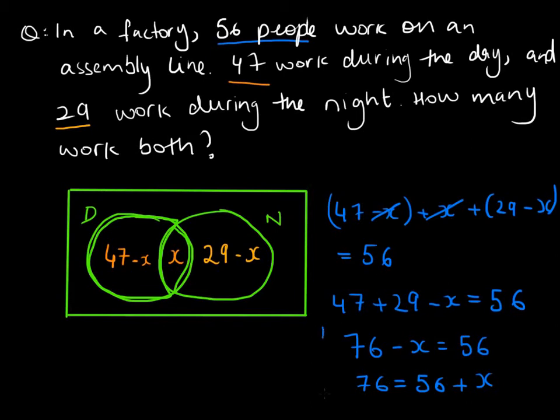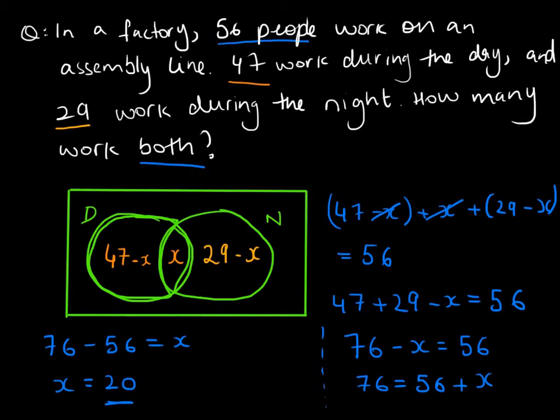So 76 minus 56 equals x, and that leaves x as 20, so therefore x equals 20. Now x represents the number of people who work both during the day and during the night. So now we know that the number of people who work during the day and during the night is 20.